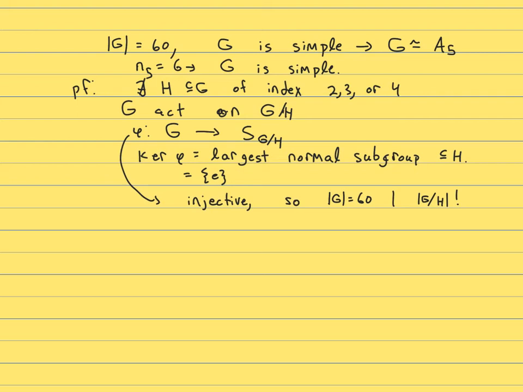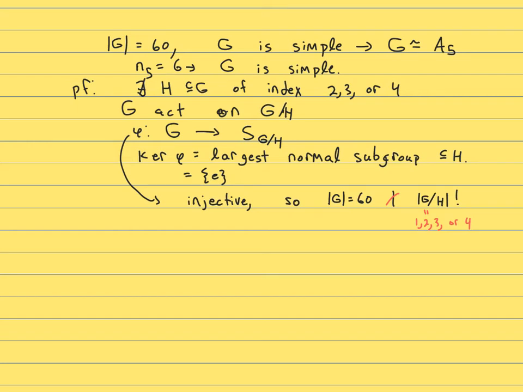So this is not possible when the index is 1, 2, 3, or 4. It is possible when it's 5, so that tells you it is theoretically possible to have a subgroup of index 5, but nothing smaller than that. In fact, index 5 is what we're going to need.